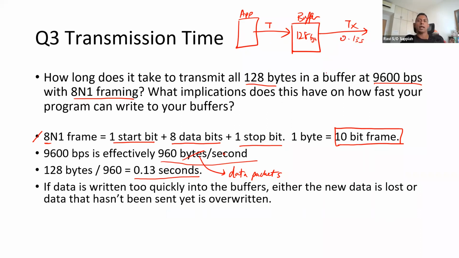Which means that I can only update with new data into the buffer after I finish 0.13 seconds. Of course, in an actual implementation, you would not generally do a timing based approach. Generally, if I were to do this as a project, I would not write code to wait 0.13 second and then write, wait 0.13 second and write, and so on.